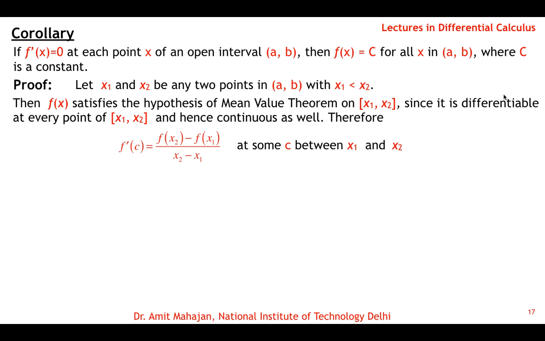So the function is differentiable in this interval, and because it is differentiable, it must be continuous. So the function is continuous and differentiable, then it satisfies all the hypotheses of mean value theorem. So there must be at least one point C inside the interval x1 and x2 such that f dash c must be equal to fx2 minus fx1 over x2 minus x1.